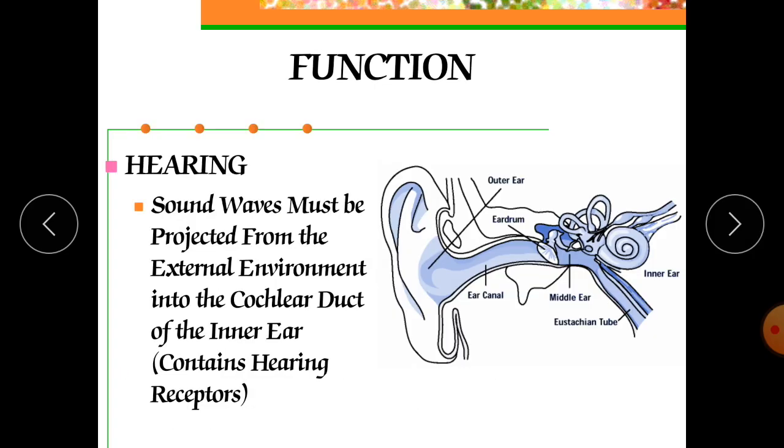Now functions. What are the functions? The main function is hearing. Sound waves must be projected from the external environment into the cochlear duct of the internal ear, which contains the hearing receptors. These sound waves are developed from sounds, and they are measured in hertz.